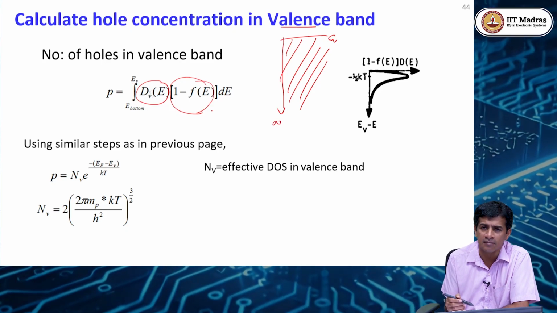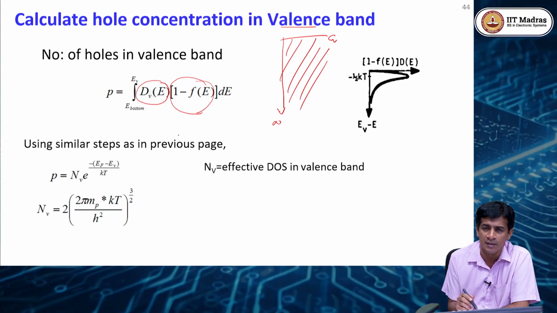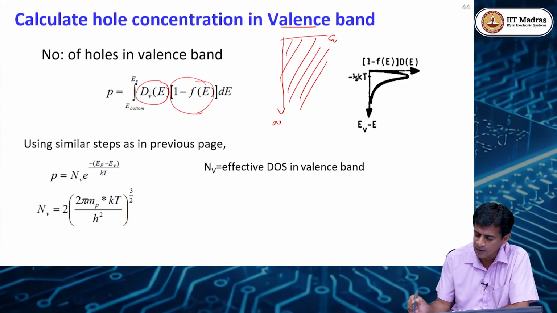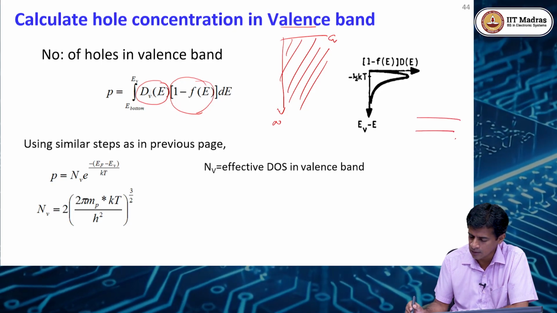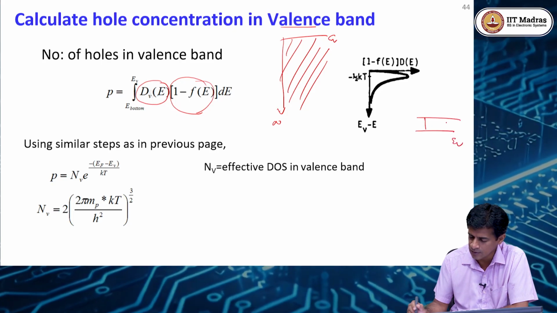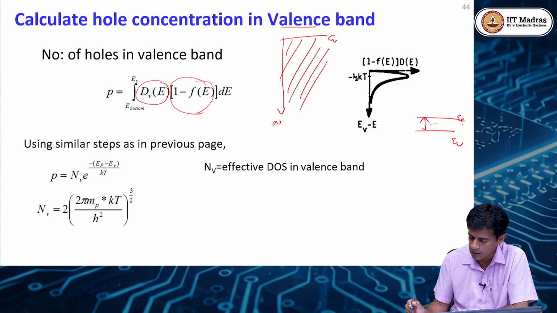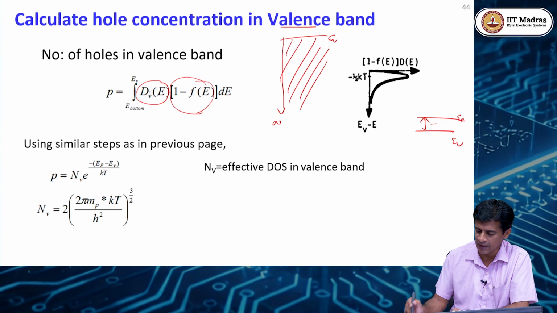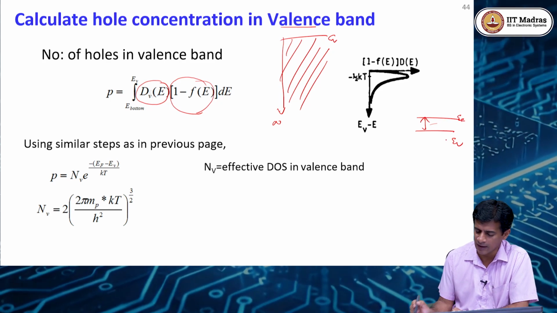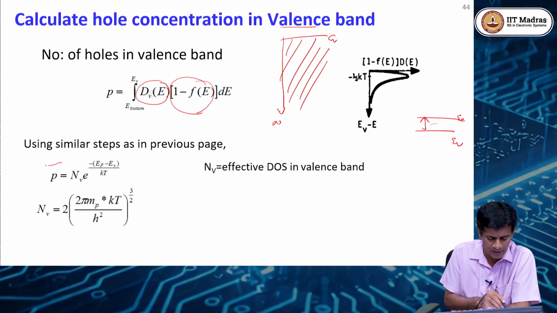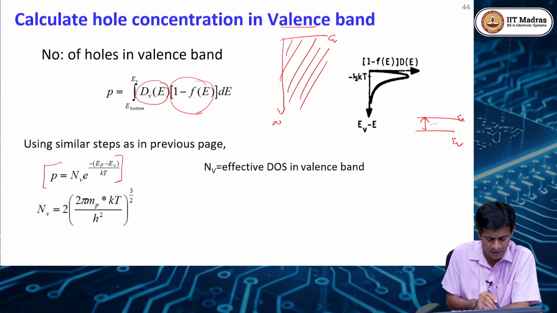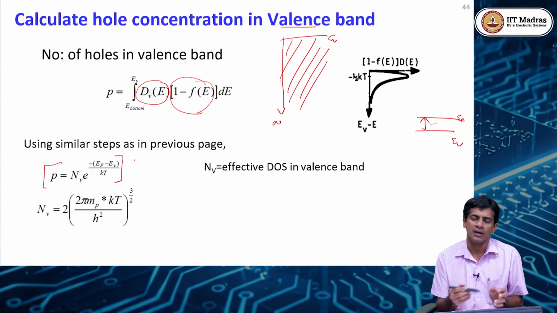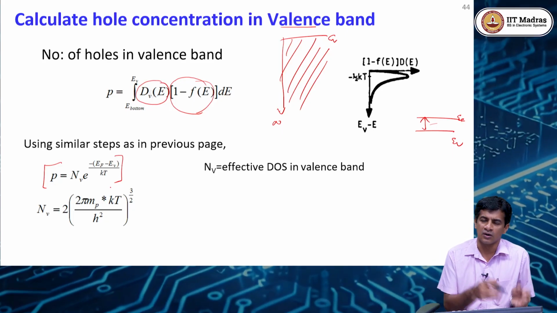Then we do the same approximation, the Maxwell-Boltzmann approximation, that is, the Fermi level EF is at least 3 kT away from the top of the valence band, EV. Then we get a similar expression. Exactly, the terms look identical. We can switch the subscripts from electrons to holes.